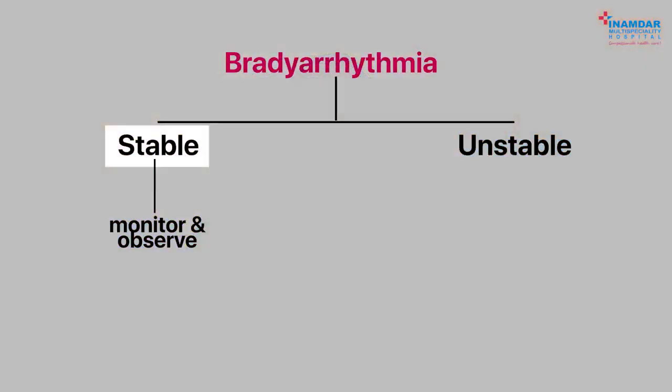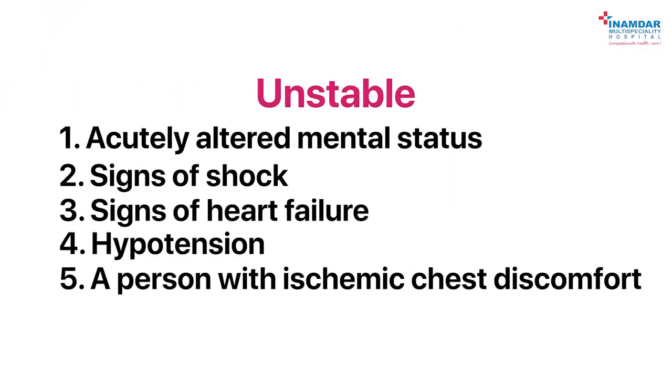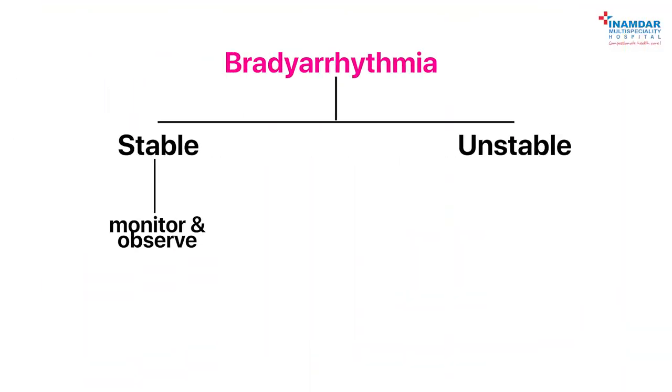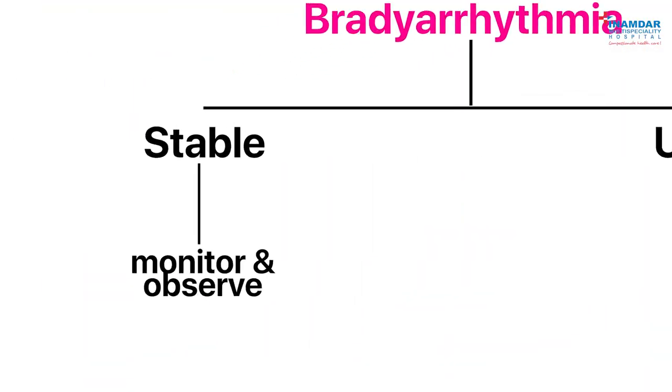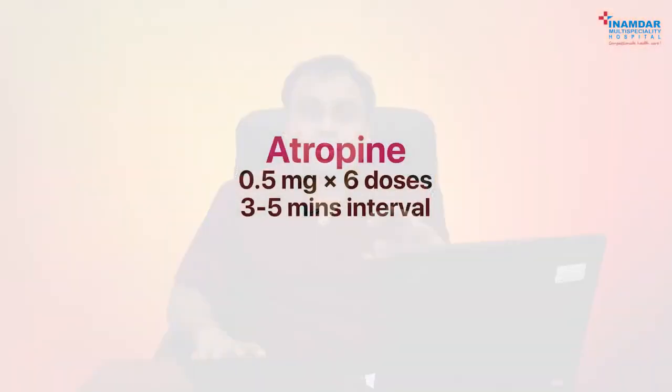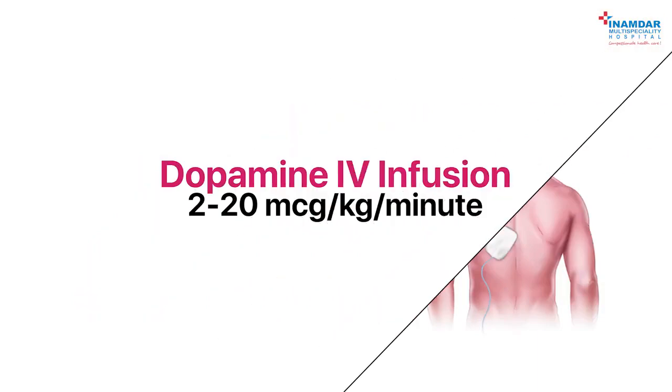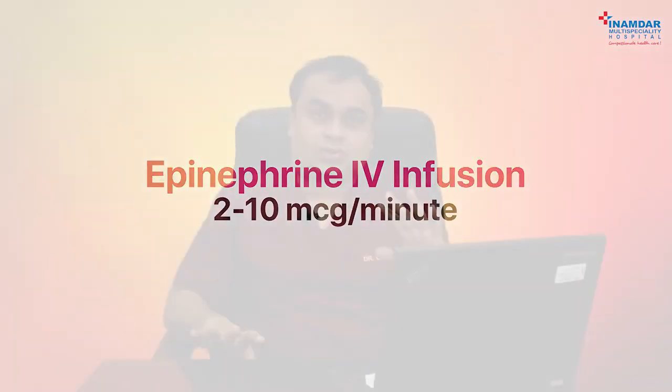As soon as you deal with this patient, divide the patient into stable or unstable. If the patient has none of these 5 signs, go for monitoring and observation. If any one of these 5 signs is there, then go for treatment like atropine, TCP, dopamine, and epinephrine in the given dosage. So this is all about dealing with the bradycardia patient.